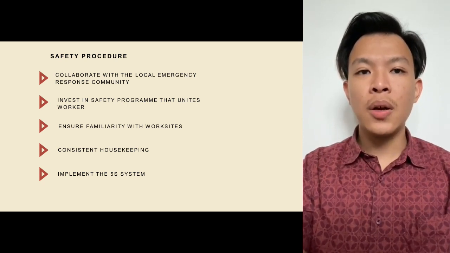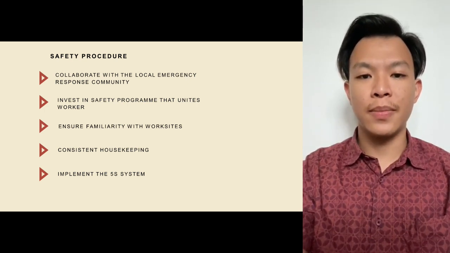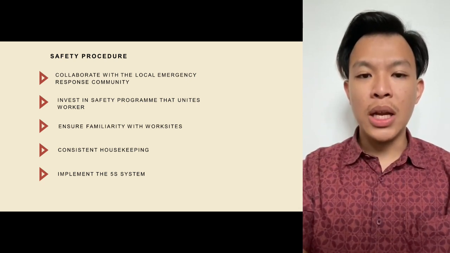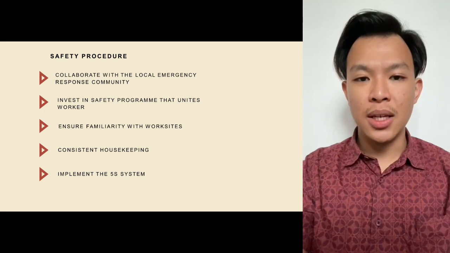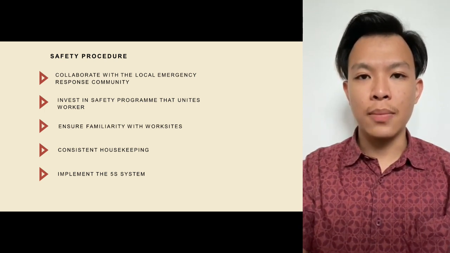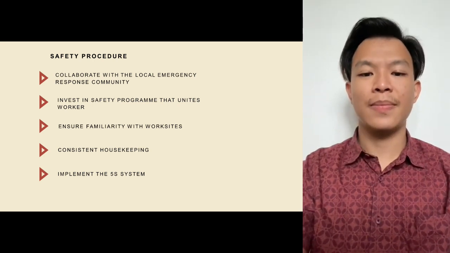Next, ensure familiarity with the worksite to make sure everyone understands their position. Fourth, consistent housekeeping to reduce the likelihood of deadly accidents. And lastly, implement the 5S system to improve the workflow and eliminate waste.